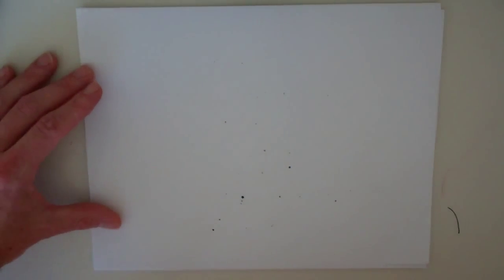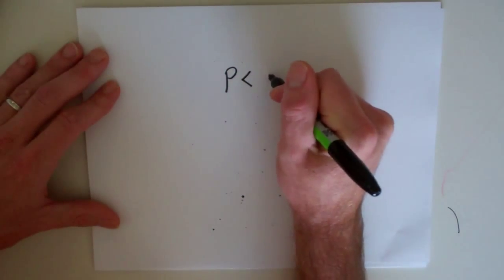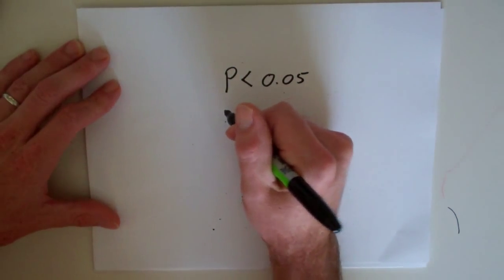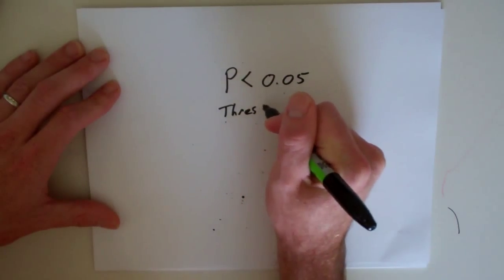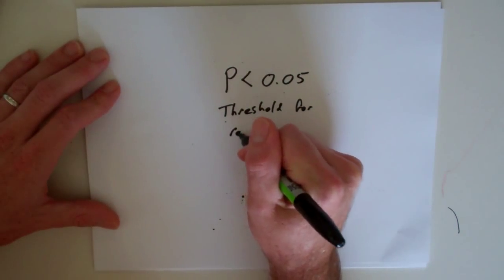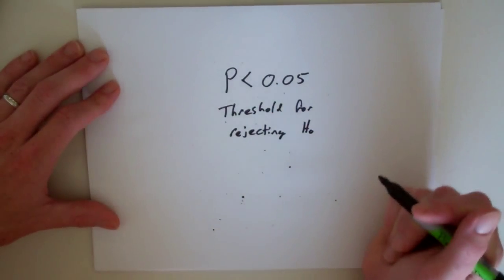Now there's a statistical convention that a p-value, if it is less than 0.05, is a threshold for rejecting your null hypothesis.